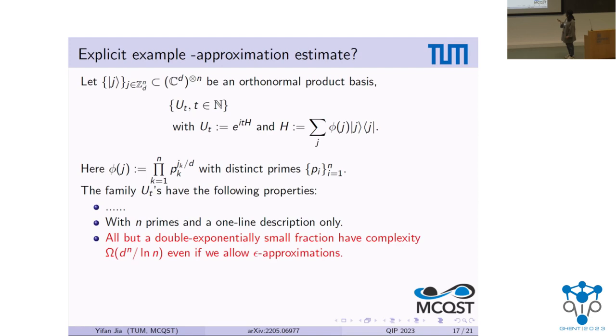Here for the approximate version, we have in general some probabilistic results, namely all but a double exponentially small fraction have very big complexity. This comes from the observation that if we push t to infinity, we discover that these U_t are equally distributed and dense over diagonal unitaries.